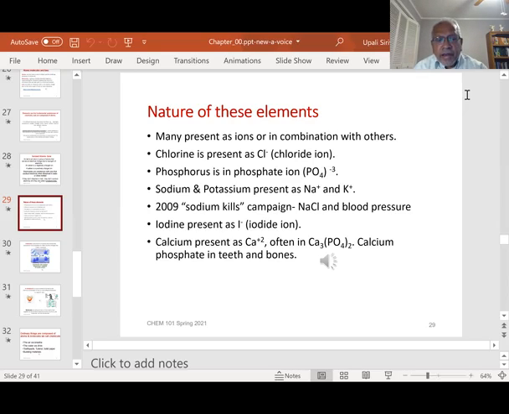Iodine is present as iodide ion. Iodide is present in salts which are needed for thyroid glands. Calcium is present in calcium phosphate in the teeth and bones. So there is much matter that is made out of ions. That's what we're talking about here: matter made out of ions.